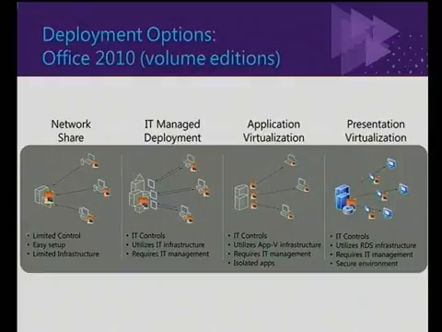Application virtualization, we get a lot of questions about AppV in Office 2010, and it is fully supported technology. You can use AppV to deploy it. Fully supported means that someone will take your calls when something goes wrong when you package up AppV. It's a fantastic technology that we have a lot of hope for in the future, but to be perfectly honest with this audience here, there are a lot of nuances to it. If you're not using AppV already, please don't start with Office.